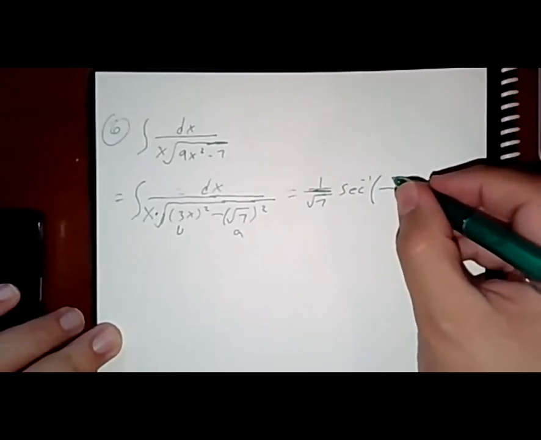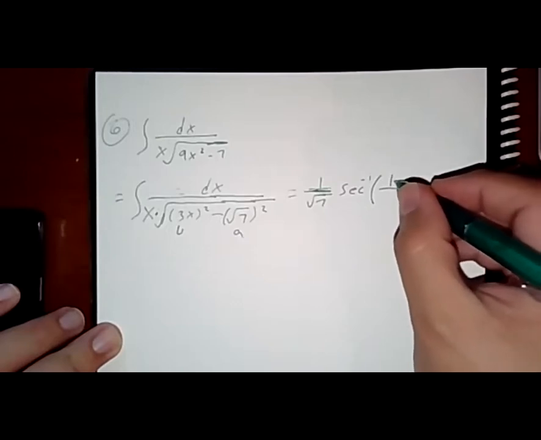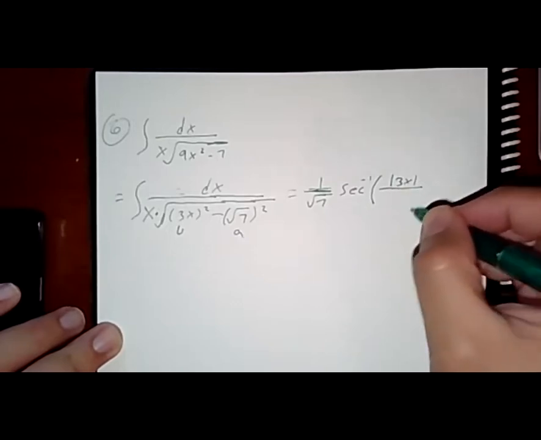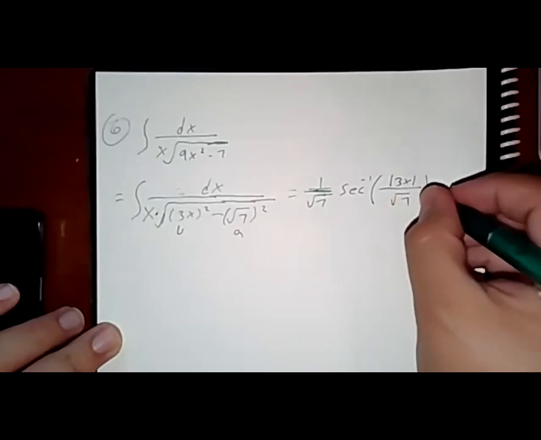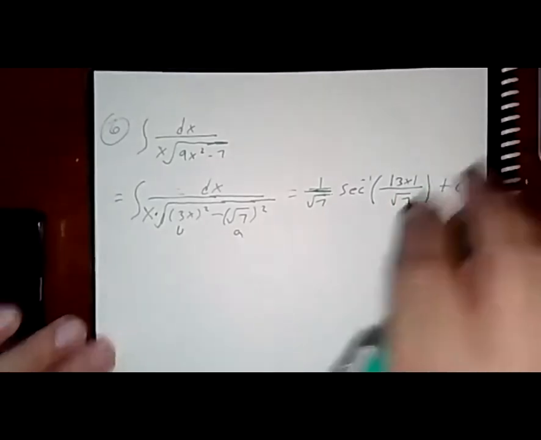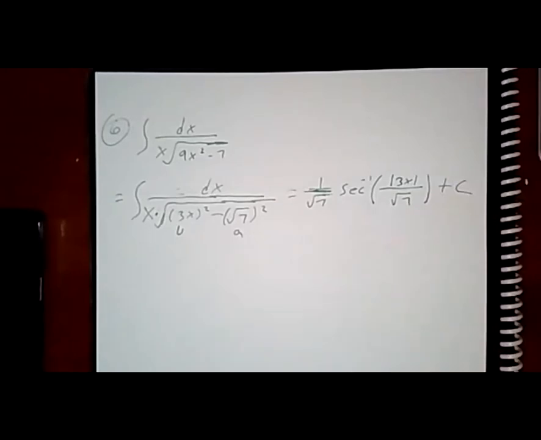And on the top, you have the absolute value of the u, which is 3x, over the a, square root 7, plus c. So we really didn't do a sub, just did a straight up formula. But you could have subbed the 3x, I guess, but that's not necessary.